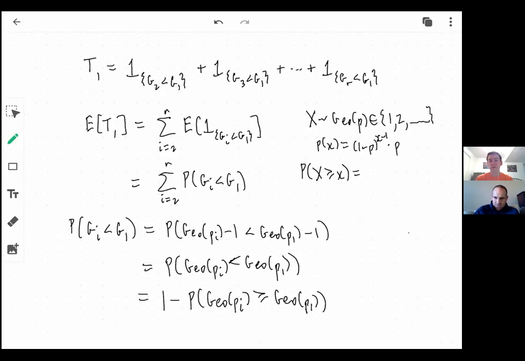What's the probability that X is equal to or greater than little x? It's the sum from x to infinity of (1 minus p) to the x minus 1 times p, plus (1 minus p) to the x times p, plus, right, I'm just taking different values beyond x, (1 minus p) to the x plus 1 times p, plus etc. And we can factor out (1 minus p) to the x minus 1 times p, right?